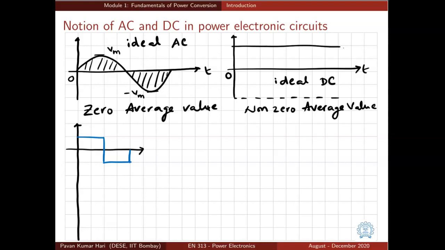A few other AC waveforms that are encountered in power electronic circuits are the trapezoidal waveform, being shown in red color, and then we have quasi-square waveform, and all these are functions of time.